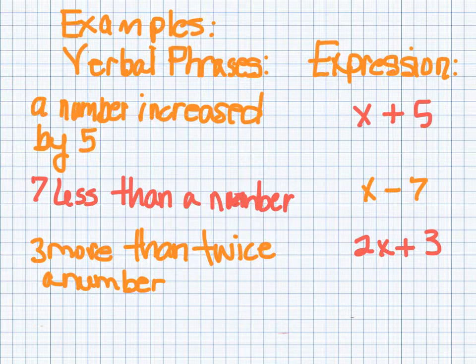The number could be n, you could use y, you could use x. You don't know what that number is. That'd be x minus 7. 3 more than twice a number, so that's 2x. Twice a number is 2x, plus 3, so 2x is more than 3.